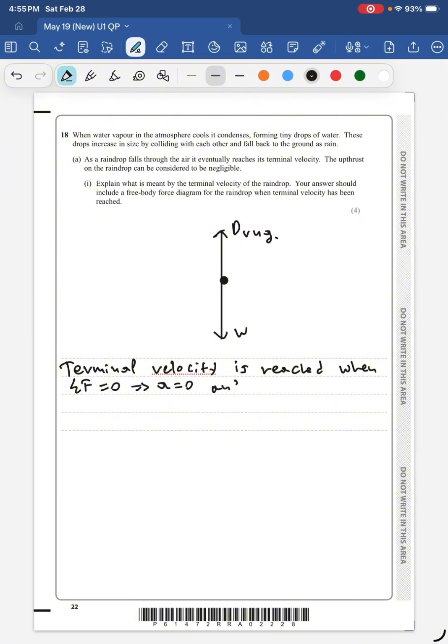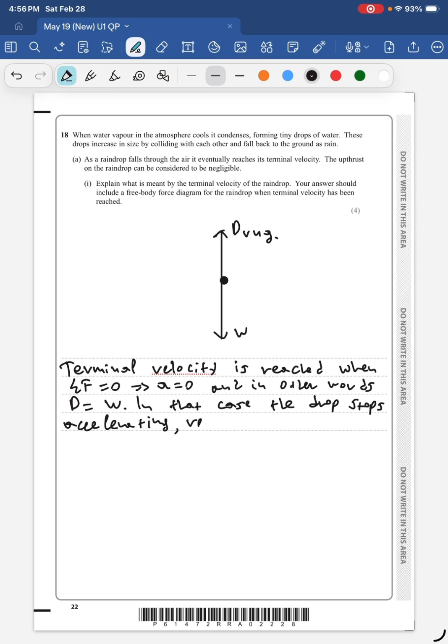In other words, drag is equal to the weight. In that case, the drop stops accelerating and reaches its highest velocity, which it maintains.